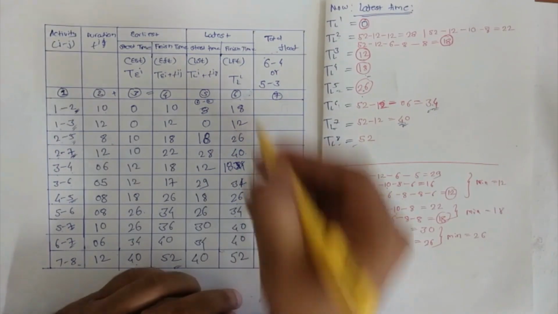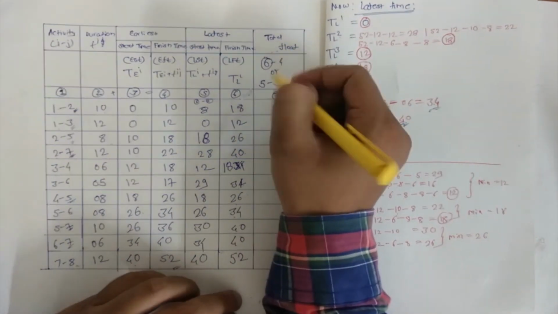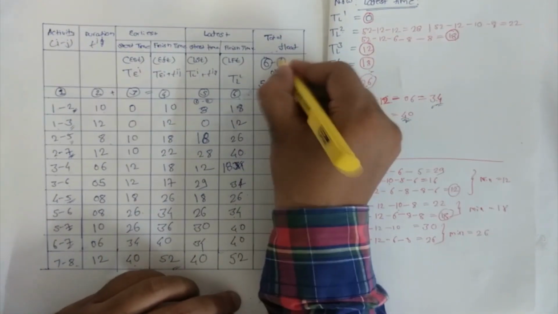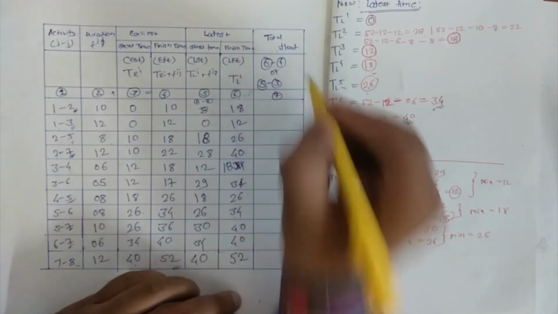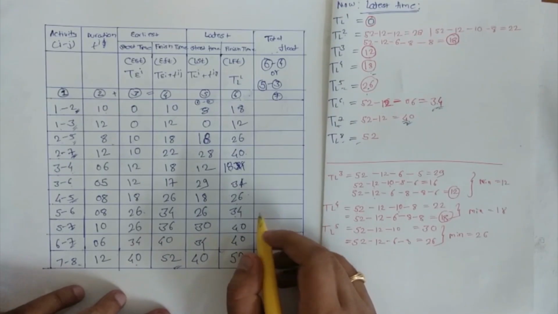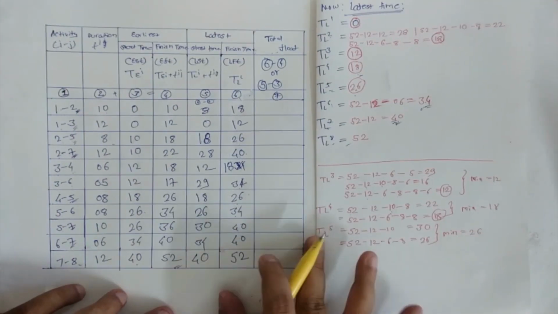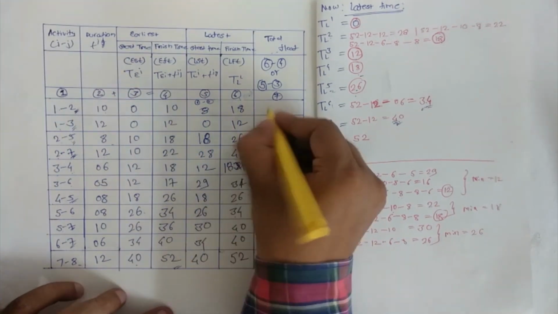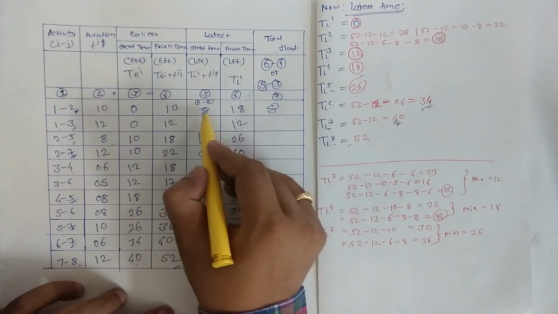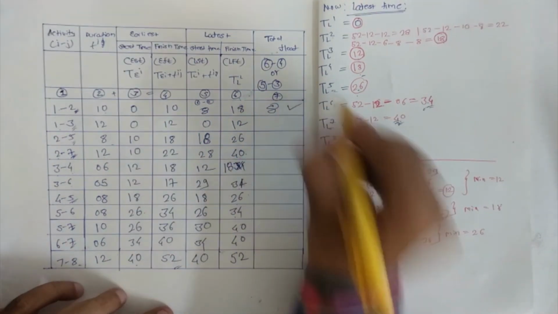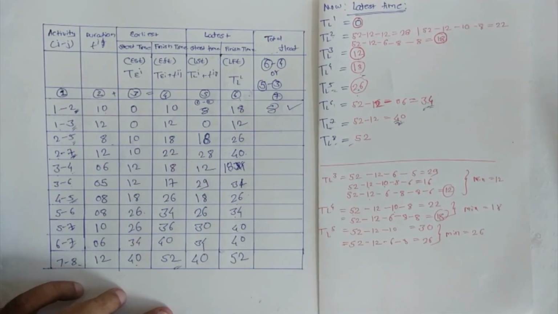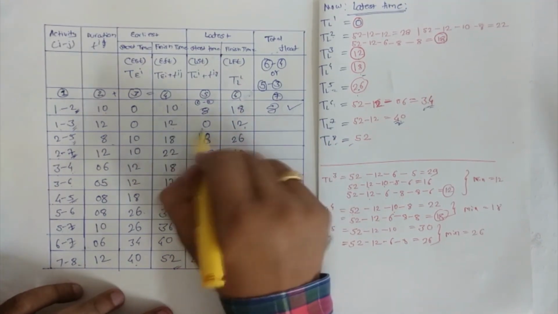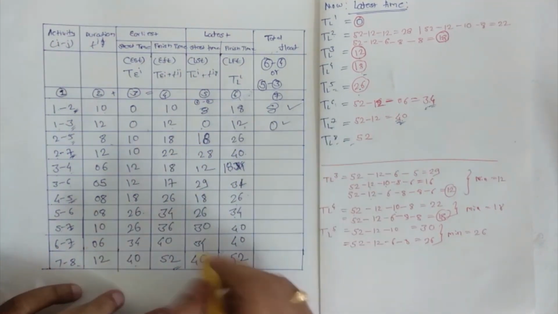Now for total float, this value should be either column 6 minus column 4 or column 5 minus column 3. So we'll do one by one and cross check the numerical whether we have done correctly or not. So 18 minus 10, it is 8, and 8 minus 0, it is 8, so it is correct. Likewise 12 minus 12, 0, 0, so it is correct.